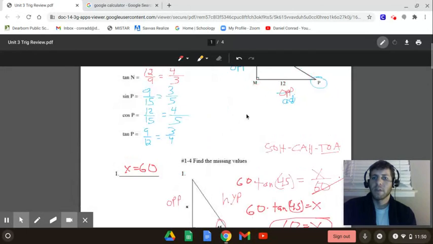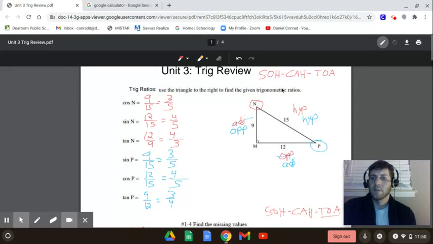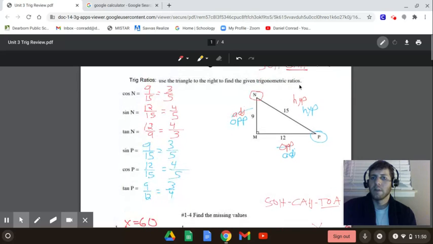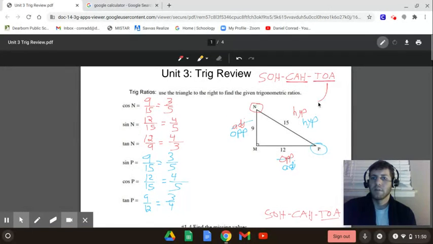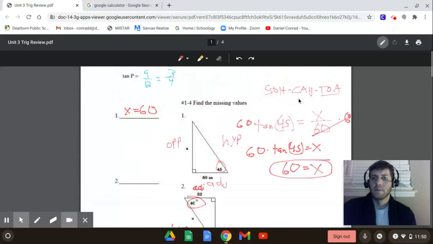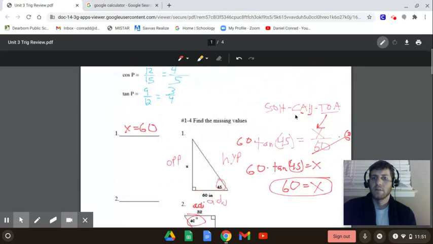Okay, so if we look at our SOHCAHTOA, we have adjacent and hypotenuse. Right, this one we had tangent, but for ours, we have adjacent and hypotenuse.